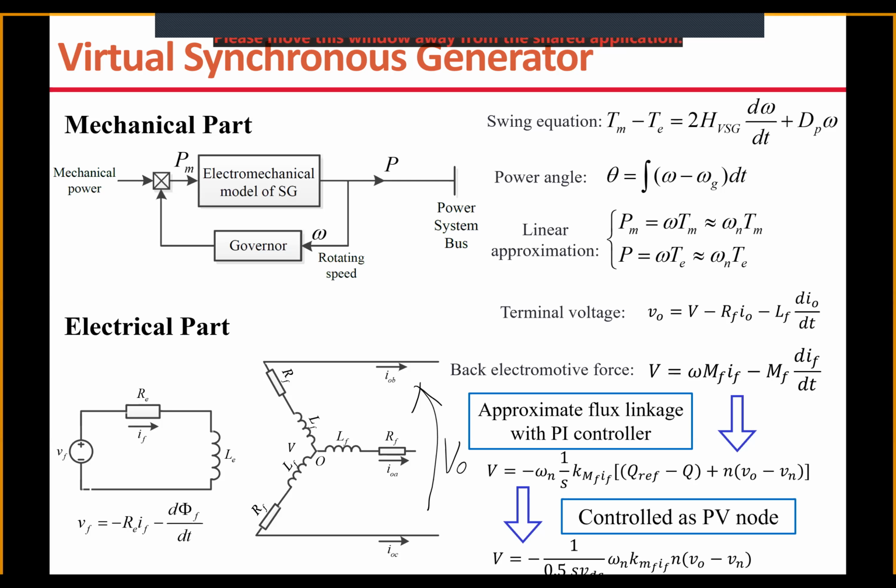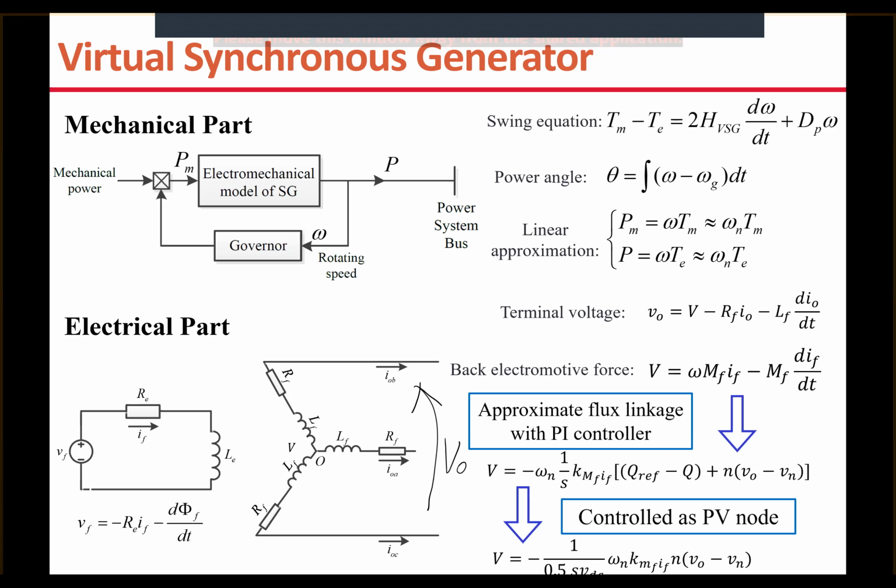And in the electrical part, we have the terminal voltage. The terminal voltage output is equal to the back EMF V minus R, the resistance, times current, and then L di/dt. And the back EMF V is equal to this.